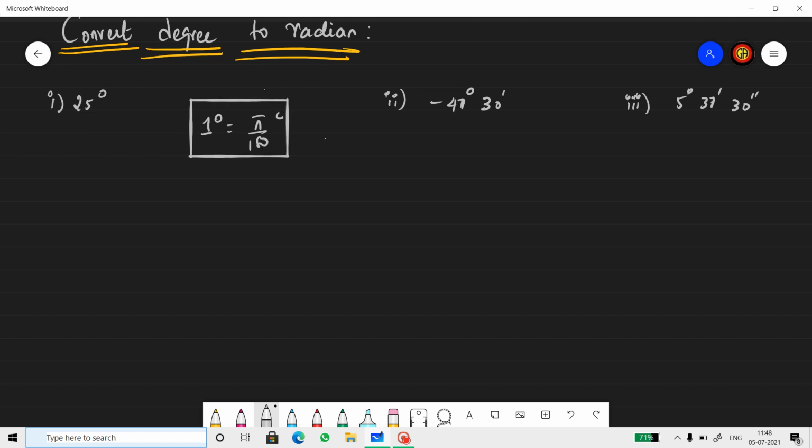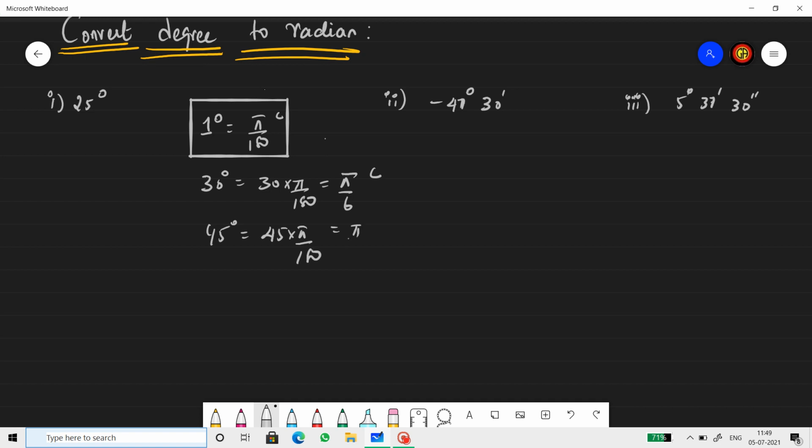all the degrees. Now, before I start doing these questions, let's learn how to convert the degrees that we already learned in 10th grade. 30 degree, if 1 degree is pi by 180 radian, 30 degree is what? 30 into pi by 180. So pi by 6 radian. So 30 degree equals pi by 6 radian. 45 degree will be 45 into pi by 180.